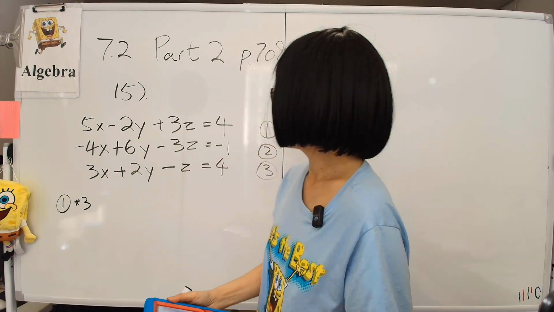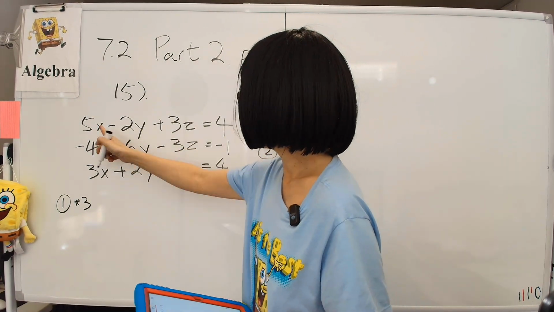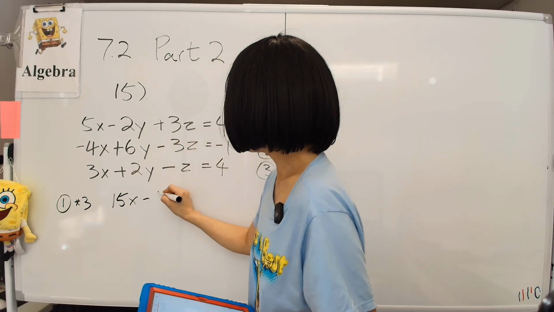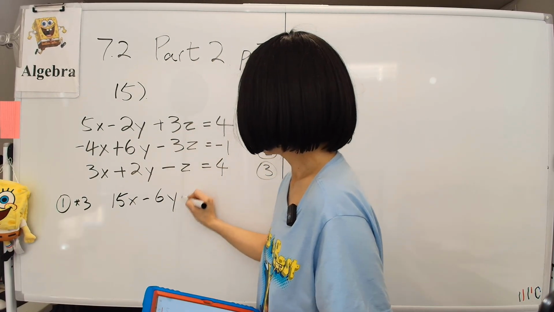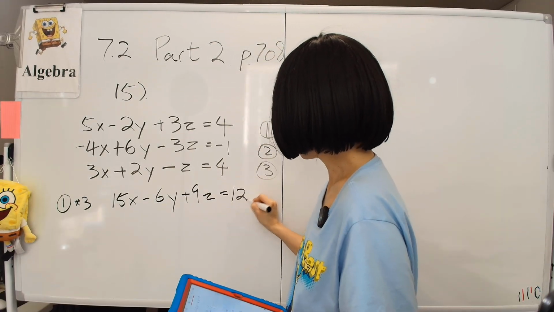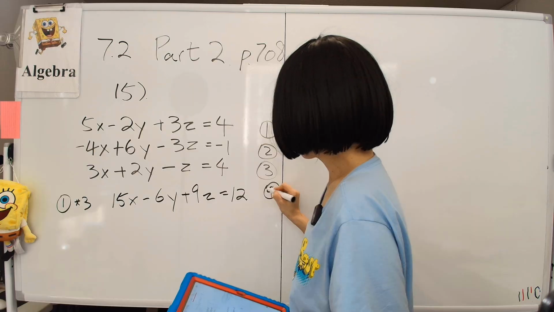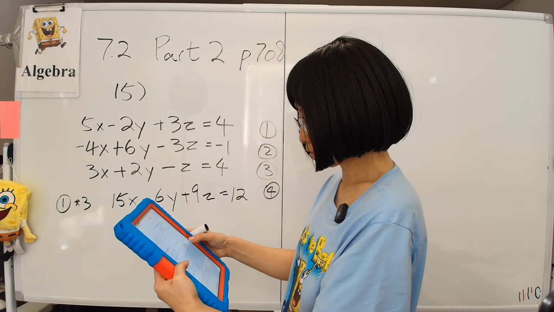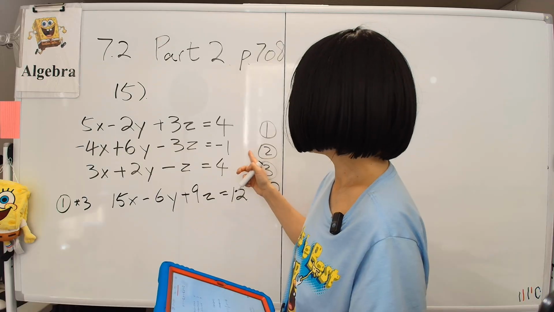Equation 1 times 3, that's 15x minus 6y plus 9z equal to 12. We'll call this equation 4. And then we'll add it to equation 2.